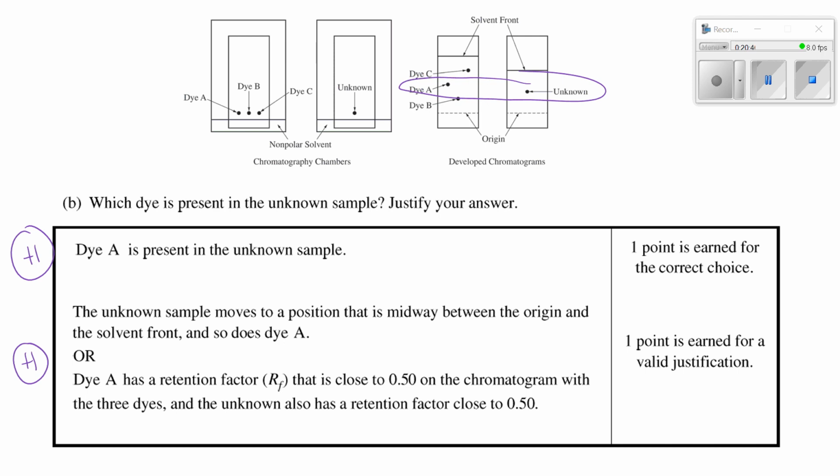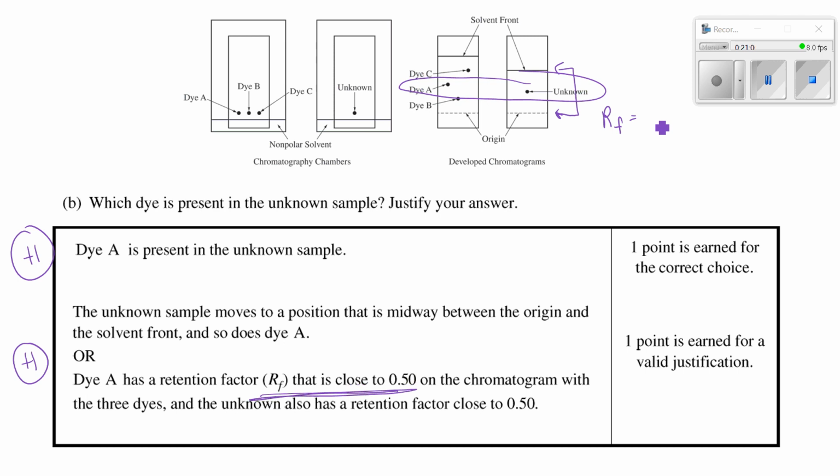What they're looking for is that the unknown is at a position about midway between the origin and the solvent front. If you remember, we call that the Rf value. So we say the Rf value of the unknown is similar to what it is over here on the left. And that was the option here, that the Rf is close to 0.5. So you just want to look at this data and say, oh, it's traveled about halfway. If you want to, you can calculate the Rf value.